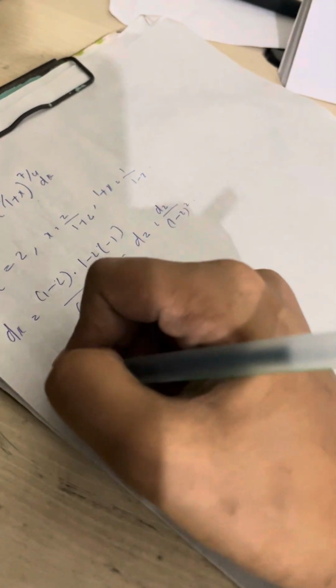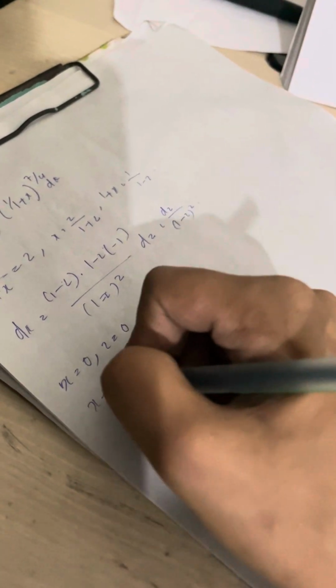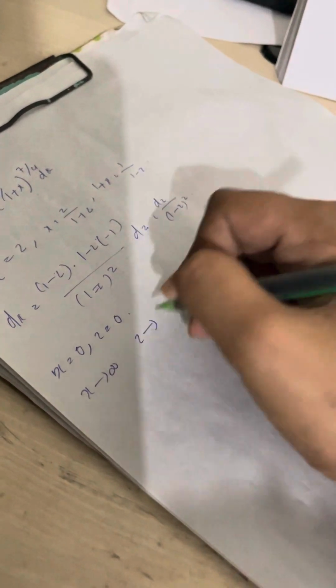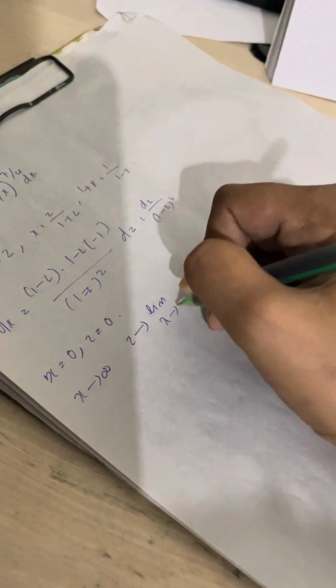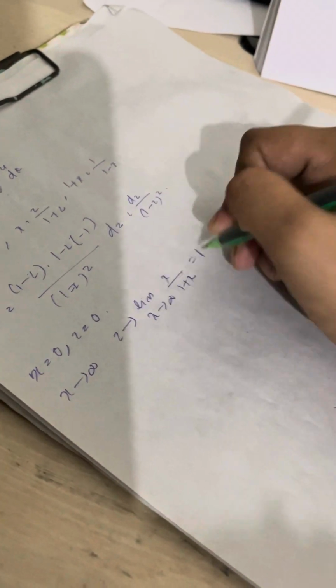And when x is equal to 0, z is equal to 0, and when x tends to infinity, z tends to the limit of x by 1 plus x, which is equal to 1.